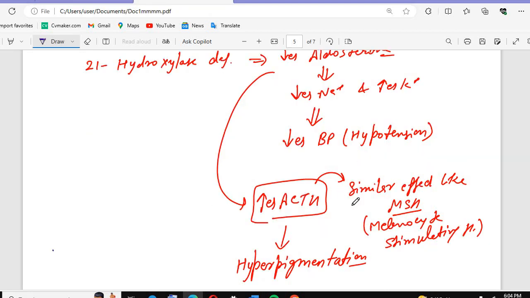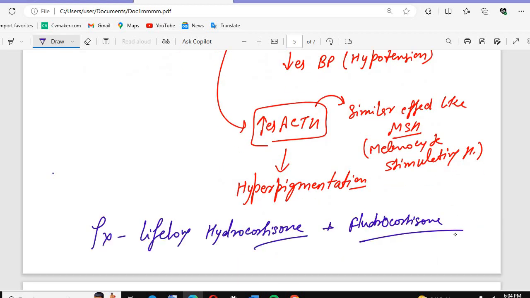So there is an increase in ACTH. ACTH has a similar effect to MSH, melanocyte stimulating hormone. Melanocytes stimulate the melanin pigment, which is the skin pigment we have.